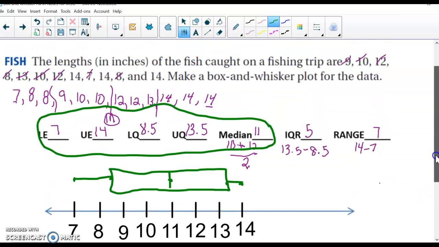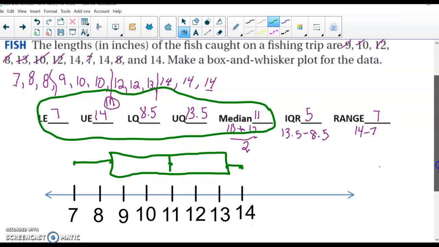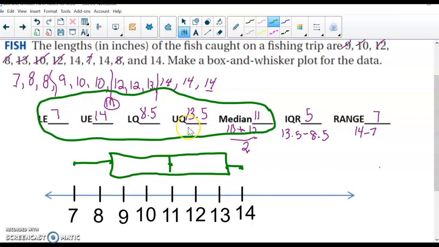I have to go back up, and it was lengths of fish. So I'm going to write lengths of fish because we need a title.